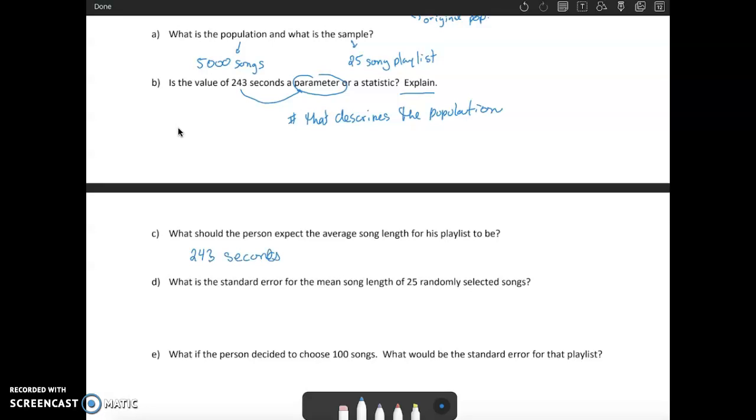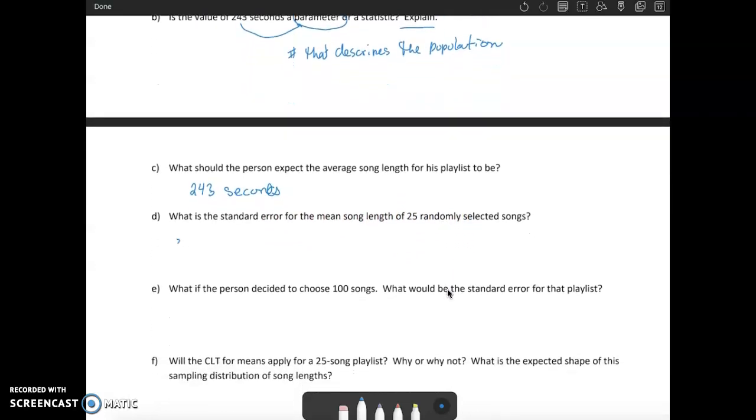Now that we're working with a sample, we want to know what's the standard error for the mean song length of 25 randomly selected songs. This is where the standard error formula comes into play, where we take sigma, the standard deviation of the whole population, and divide by the square root of the sample size.